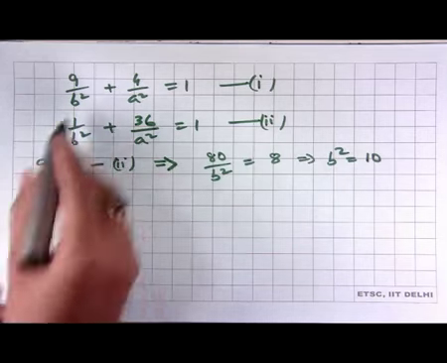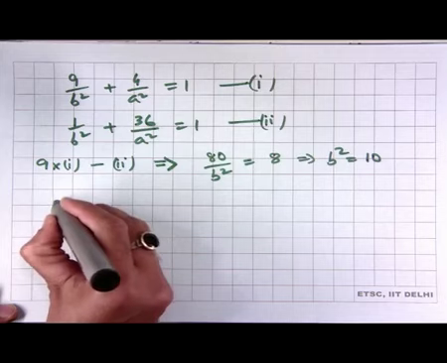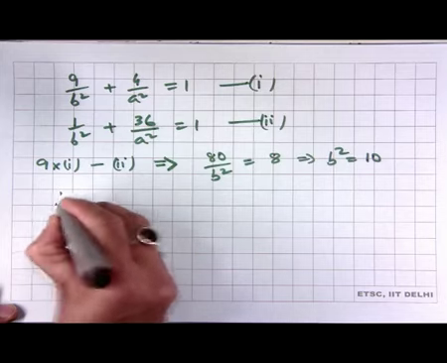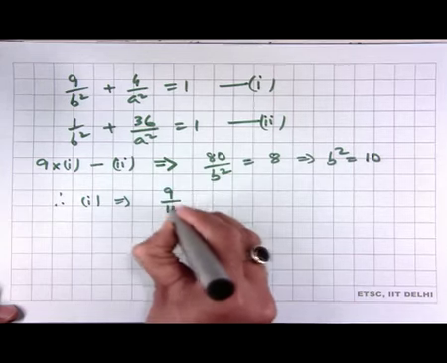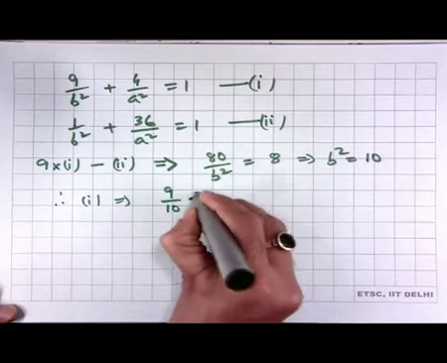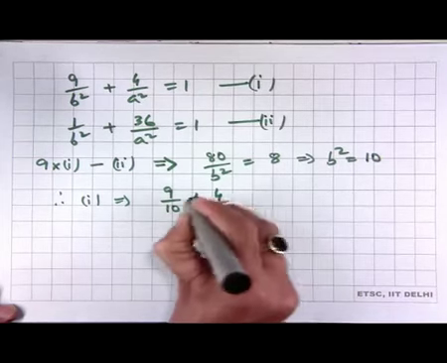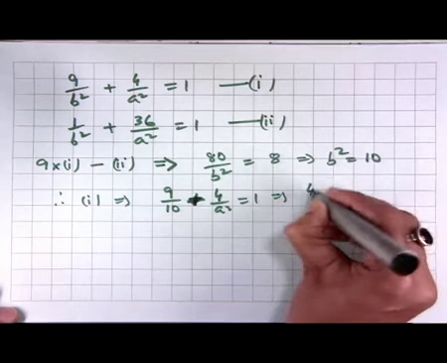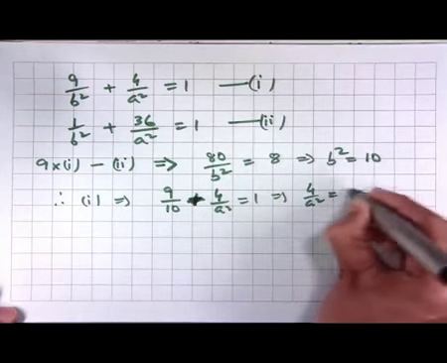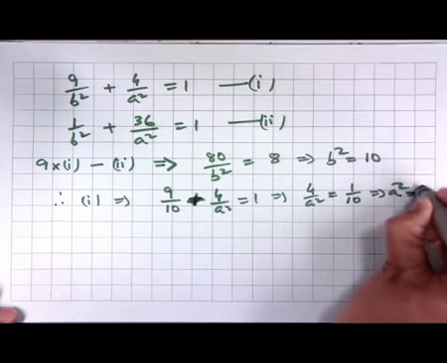And therefore, if I put b² equal to 10 in equation 1, 9/10 + 4/a² = 1, which means 4/a² = 1/10. So, a² is 40.